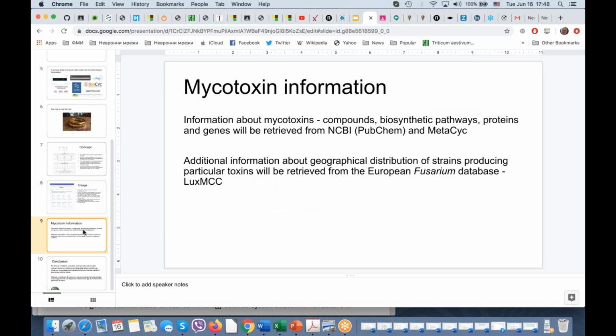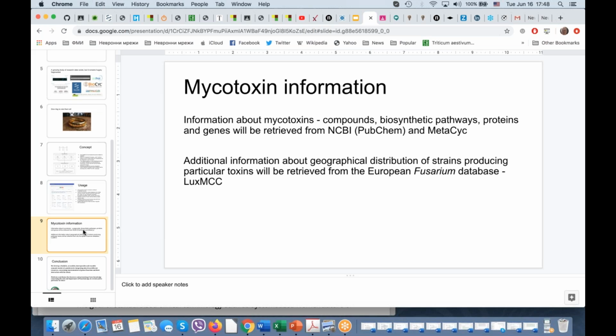The things we are finishing work on are how to include the toxicology side of the project, the data, I mean the mycotoxin information noted in this slide.